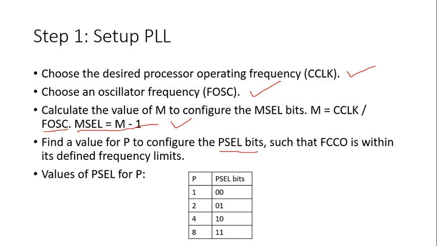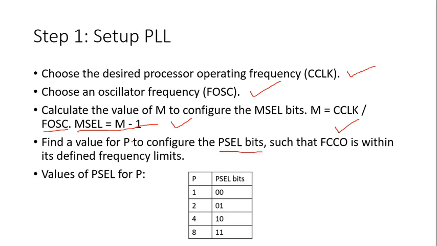Okay, the next one is P. For that you have to set the PSEL bits. PSEL bits are going to decide your P value, and P value is actually decided by FCCO. Though your CCLK and F oscillator are fixed, or those you are going to design for your system, still you have to keep those two things in a limit such that your FCCO is within the defined frequency limits.